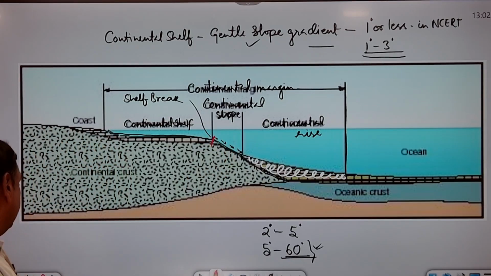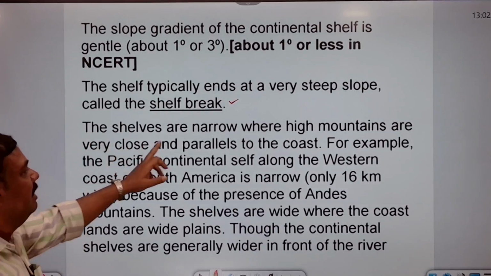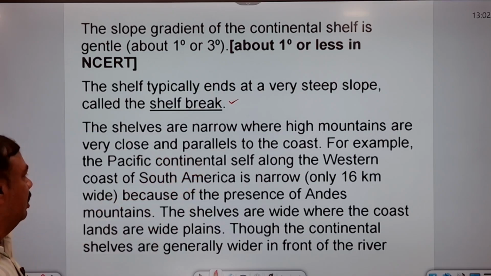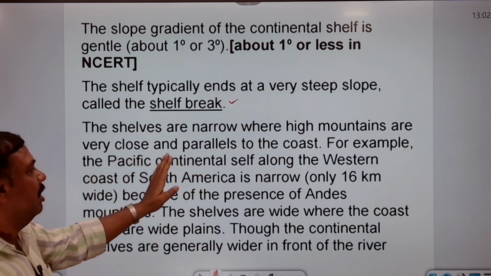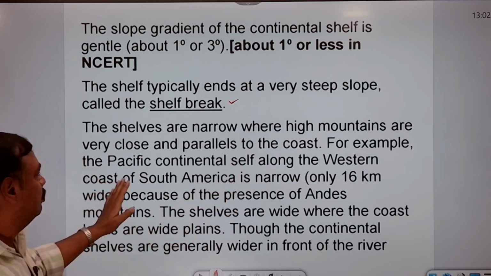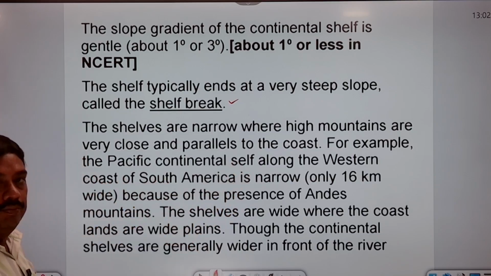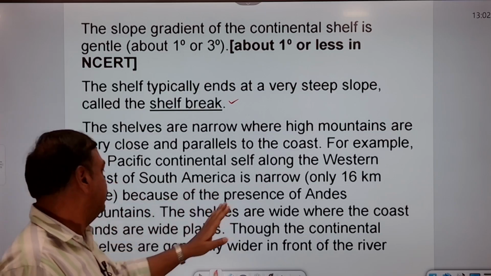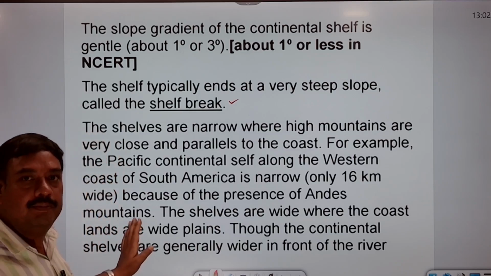Got it? And what is important here, the shelves are very narrow where high mountains are very close and parallel to the coast. For example, the Pacific continental shelf along the western coast of South America is narrow, only 16 kilometers wide, because of the presence of the Andes mountains. I told you earlier.